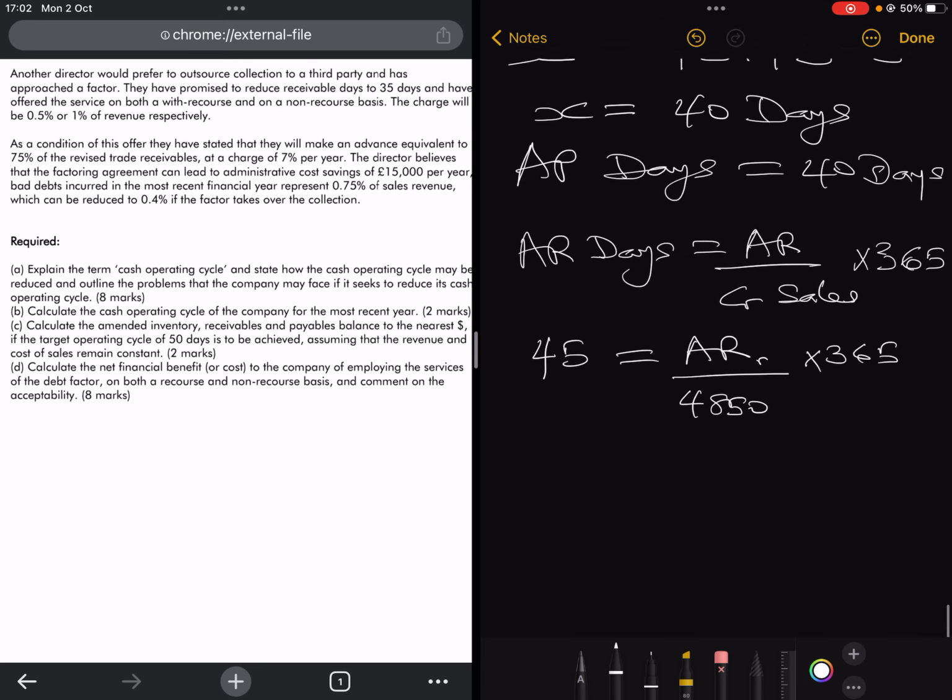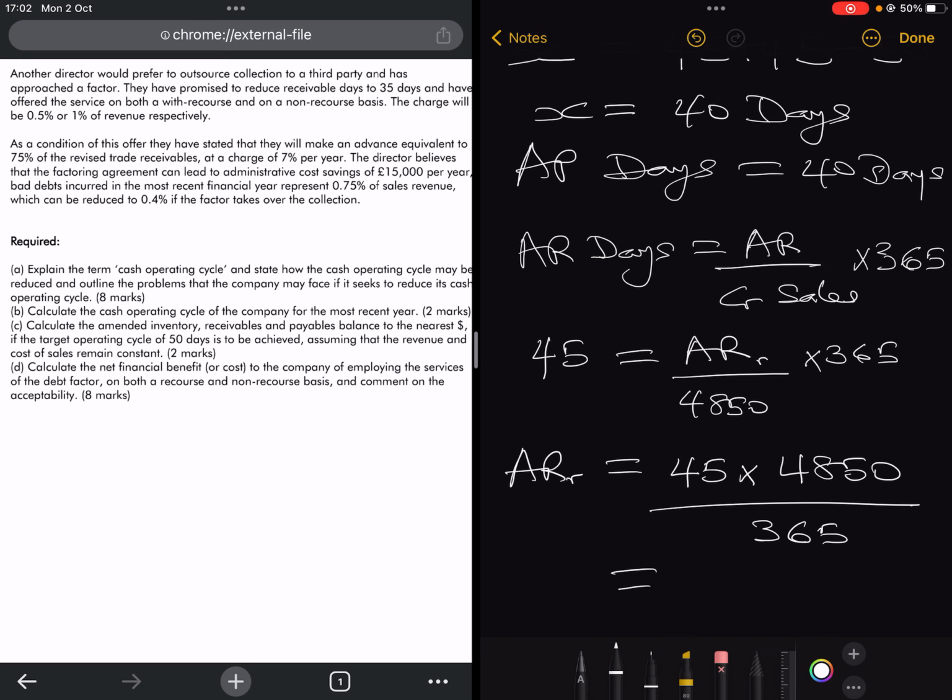If we make account receivable balance the subject of the formula, the revised account receivable will equal 45 multiplied by 4,850 divided by 365.